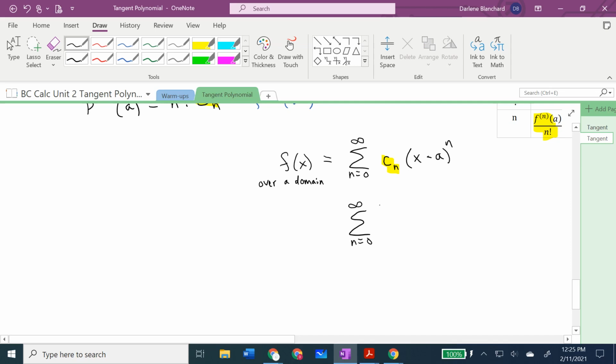The coefficient formula is the nth derivative at the center divided by n factorial. And that is the formula for Taylor series.